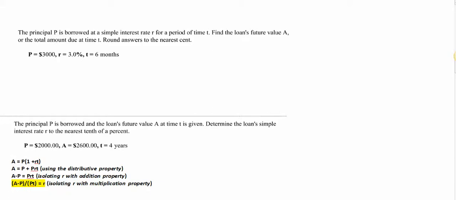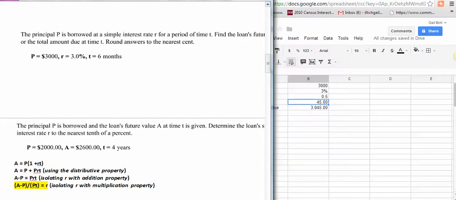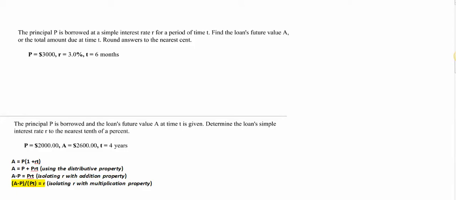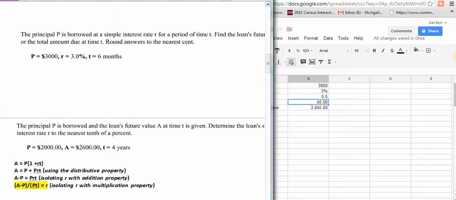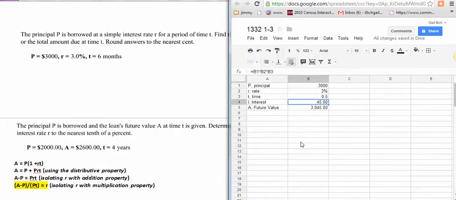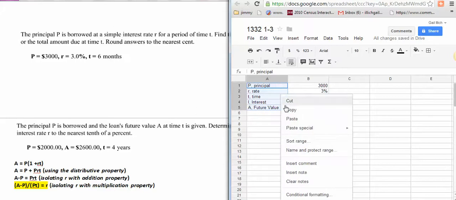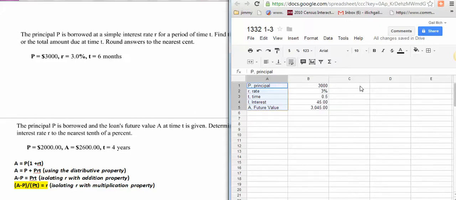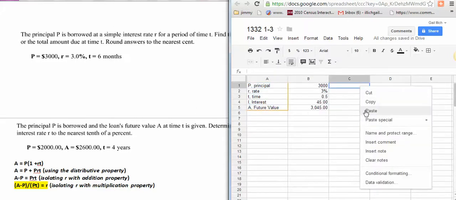All right, so I'm going to go back to my Google spreadsheet. Let me see what I can do here. Okay. I think I'm going to copy these little things. So I'll do copy, and then I'll come over and paste them.